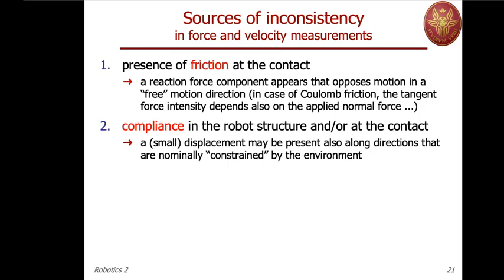This means that if we measure encoder position at the motor, and we have transmission compliance, and we compute with this motor position and its numerical derivative the velocity at the end effector, beyond the compliant transmission, then we may obtain velocities in some direction that are nominally constrained.